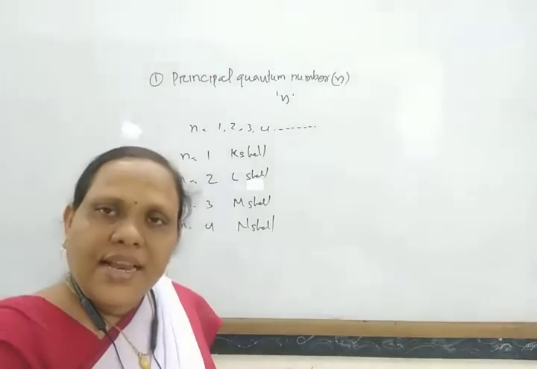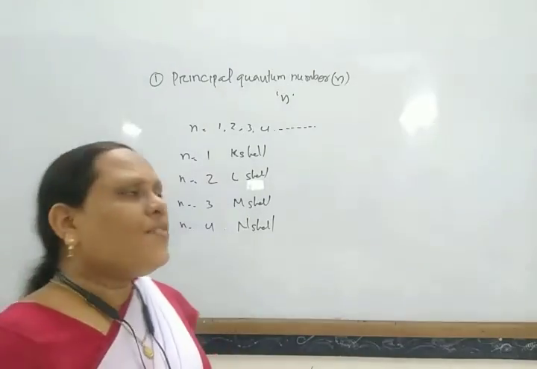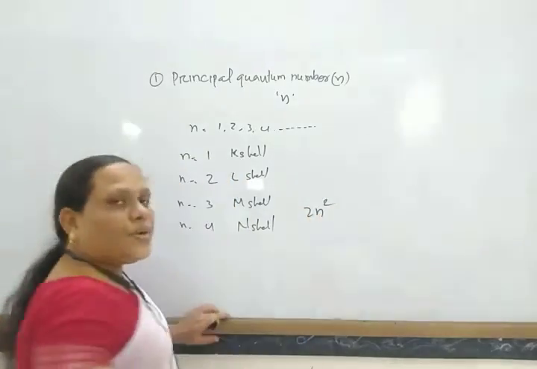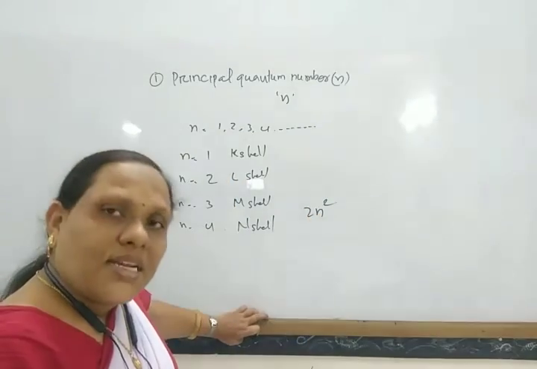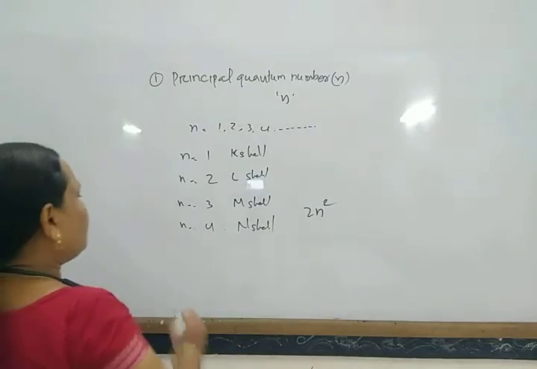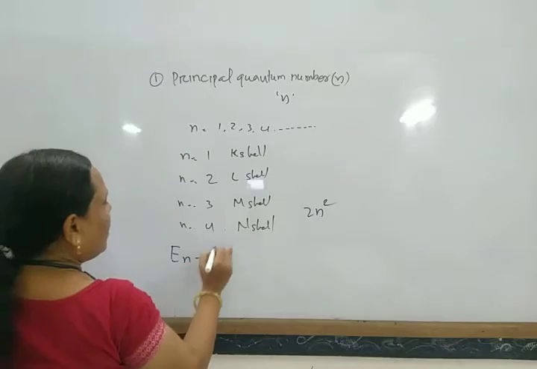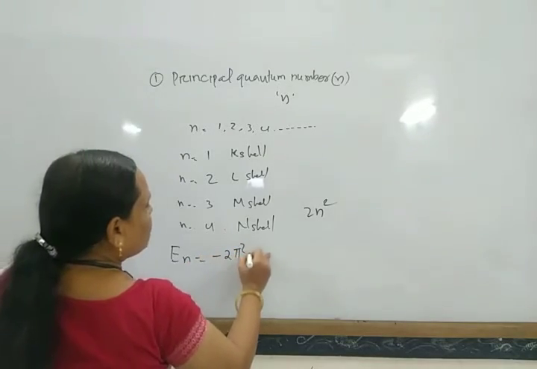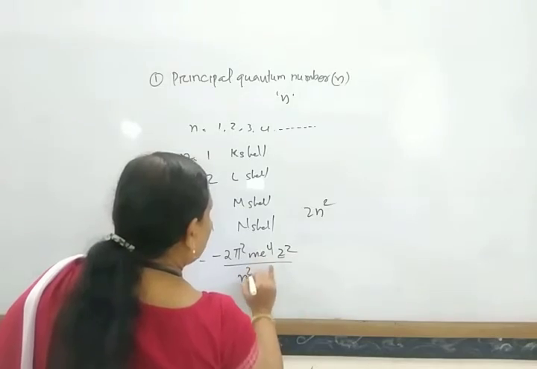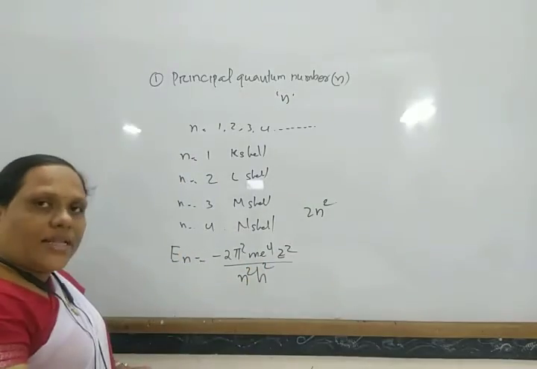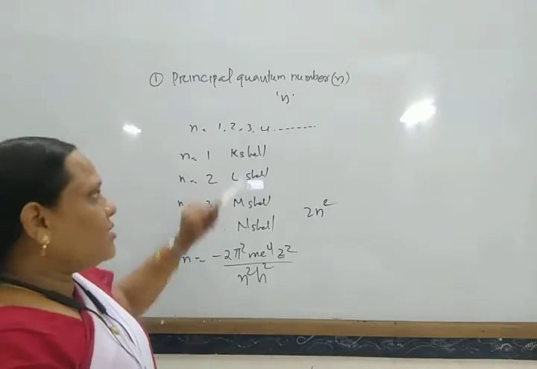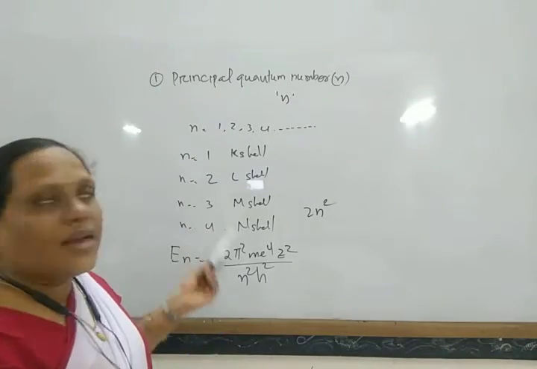So in a main energy level, the number of electrons present is by the formula 2n square. And the energy of an electron for hydrogen-like species can be determined by the formula minus 2 pi square m e to the power 4 z square by n square h square, where n represents the main energy cell. This value 1, 2, 3, 4 like this.